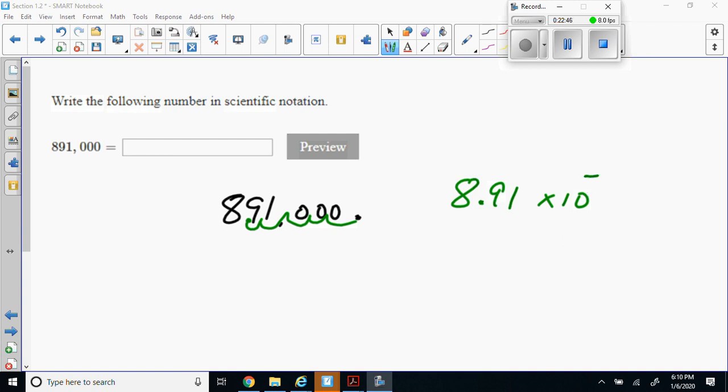That's positive. Now, here's what I'm talking about as far as knowing. Once you've got that wrapped around your brain and you're solid, you can look at a number like 8.91 times 10 to the 5th. It's got what type of exponent? Positive. So you know that number has to be what? That tells you which way to go with it.